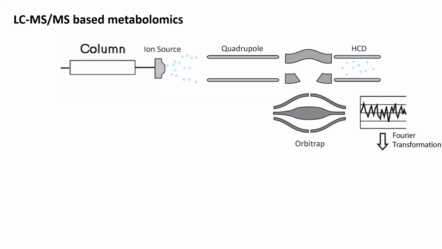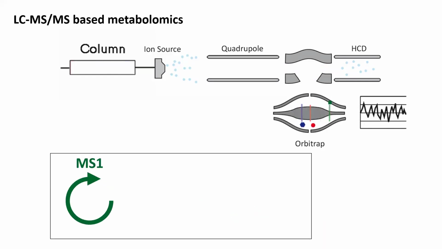They fly to our MS detector and are analyzed through our high resolution MS detector, and through the Fourier transformation we obtain what we call a mass spectrum. But what happens in between? How can we get the MS2 data of these molecules? Basically, we have a duty cycle.